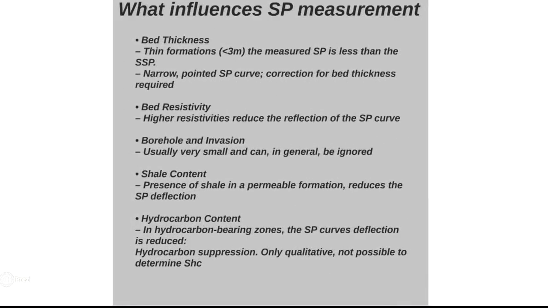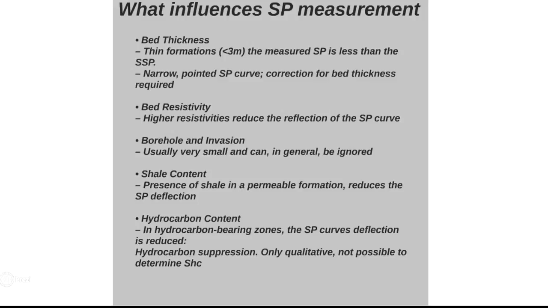What influences SP measurement? Bed thickness: in thin formations, the measured SP is less than the SSP, with a narrow, pointed SP curve. Correction for bed thickness is required. Bed resistivity: higher resistivities reduce the deflection of the SP curve. Borehole and invasion effects are usually very small and can in general be ignored.